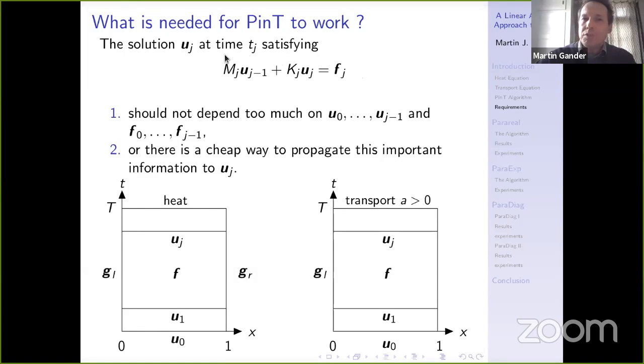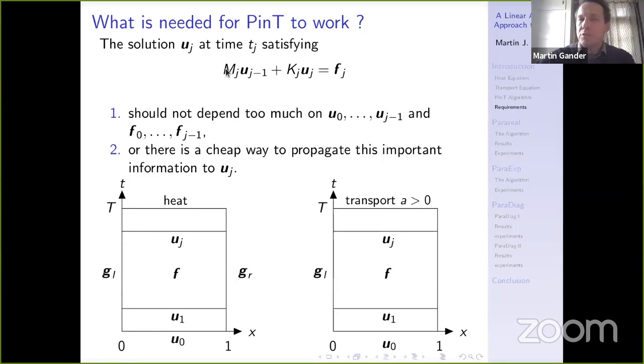So when can we solve this problem parallel in time? There are 2 things that would be needed to make this successful. One thing that can make this successful is if u_j does not depend too much on the u's before j, and also not too much on the source terms before j.